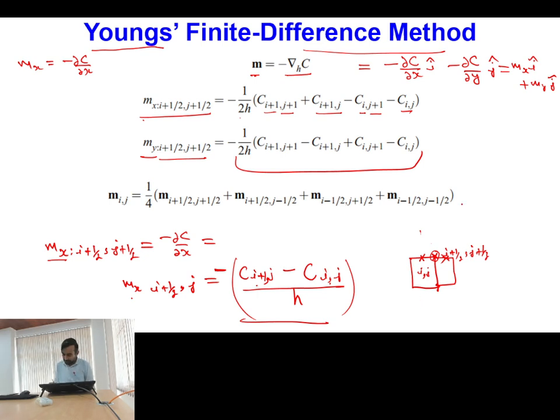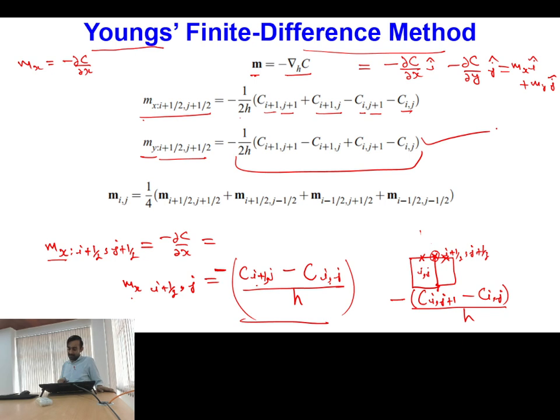So the value will be c at i comma j plus 1 minus c at i comma j divided by h. And at the next point it will be c at i plus 1 comma j plus 1 minus c at i plus 1 comma j by h. And then if you take the mean, ultimately you will be getting this formula.